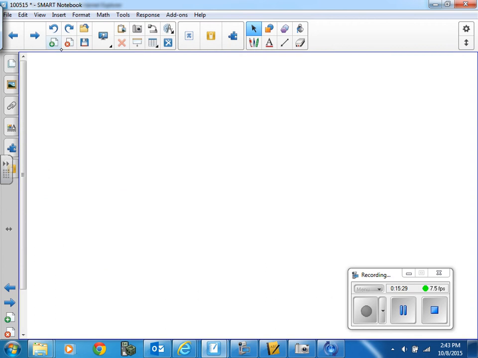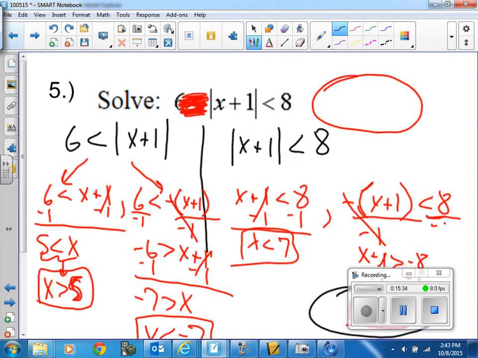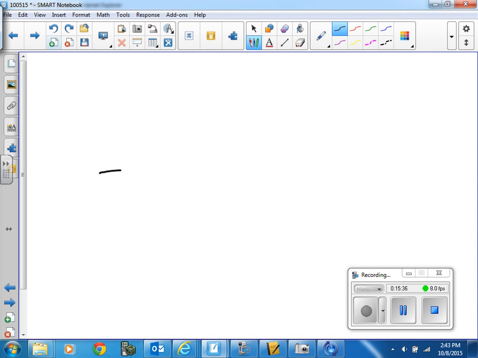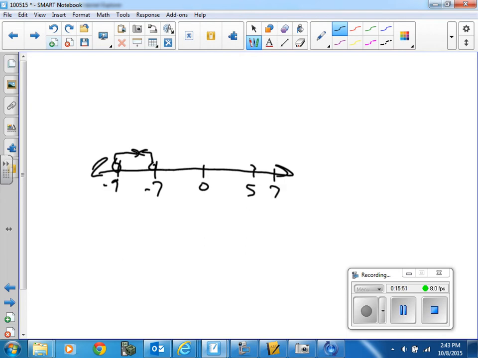All right, so if you did want to draw a number line in that way, you could, but you'd have to look at all these numbers. It'd be from -9 to -7, so it'd be here, and then also from 5 to 7. Those are all the values that make it true.